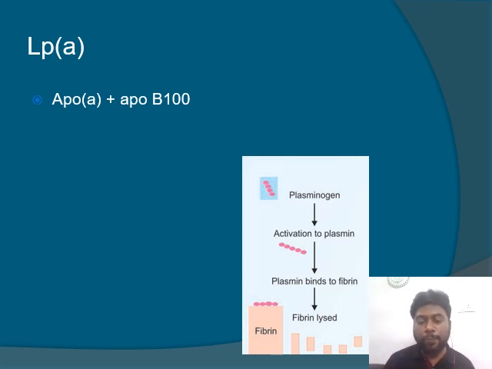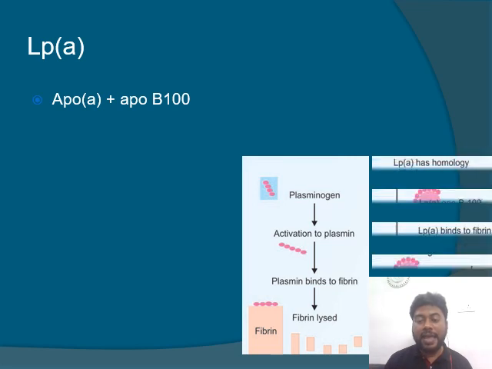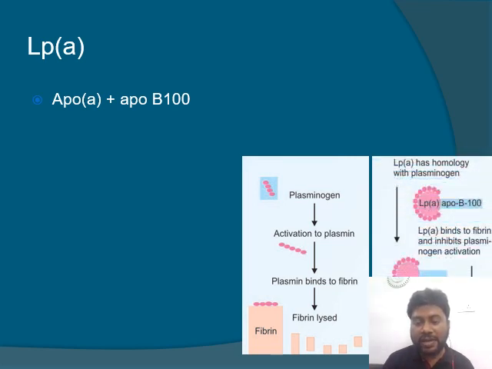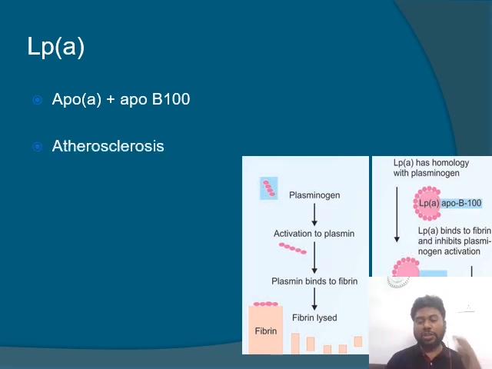But lipoprotein A, which is structurally similar to plasminogen, can bind to this activating enzyme, and by competitive inhibition prevent this activation process. If this activation is inhibited, plasmin will not be formed, fibrinolysis will not happen, so it will favor clot formation, which can increase the risk of atherosclerosis.